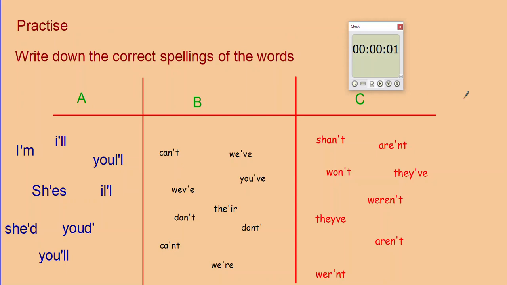Some of these words are spelled correctly and some of them are not, so you need to write down the ones in your group that are spelled correctly. At the end, I'll tell you how many you should have. You've got 2 minutes to complete this, guys. Off you go.